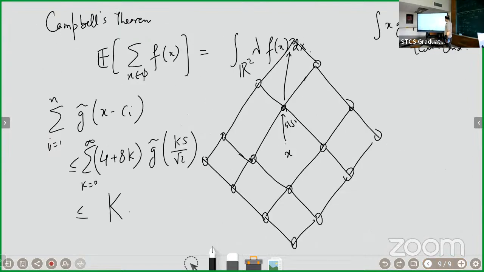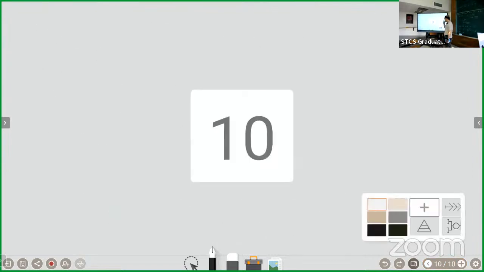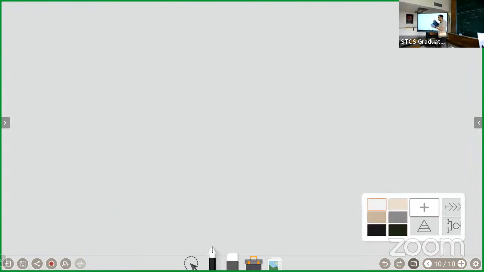Okay, so now how do I finish this whole thing? What I really want to look for is that there is no closed circuit around. See, all I'm trying to do is to make sure that the square lattice percolates. And for that, a sufficient condition is that the probability with which there exists a closed circuit goes to 0. So now what have I bounded?